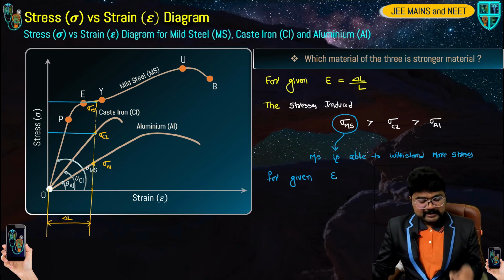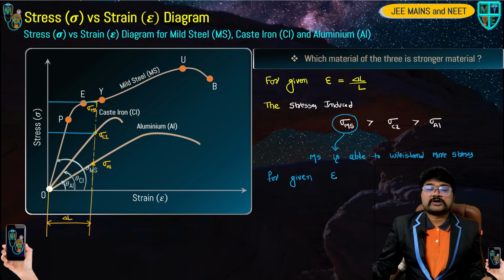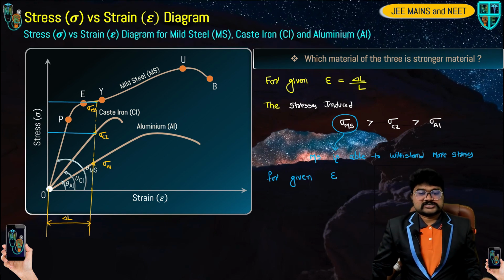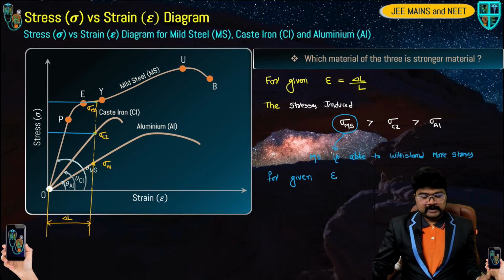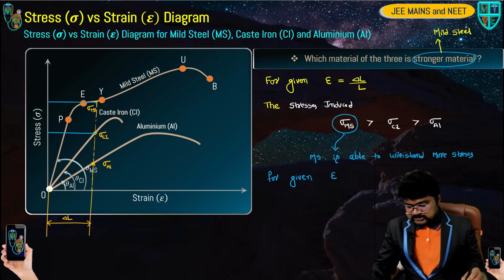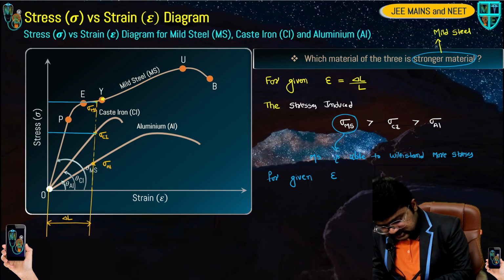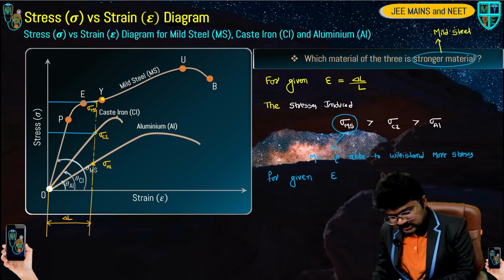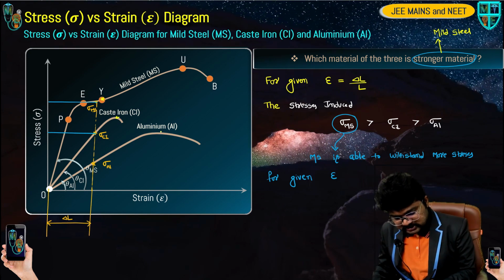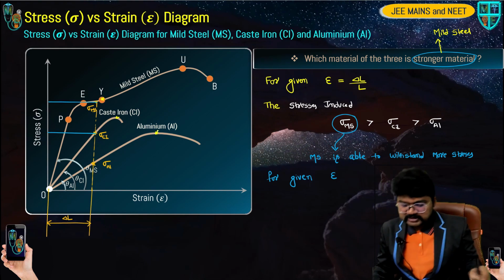That is why mild steel is stronger than cast iron and aluminum. You can easily say that. One more way: here this is the yield point, and this would be another yield point. Here somewhere yielding will occur.